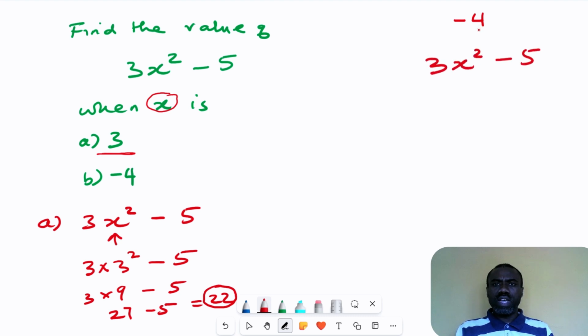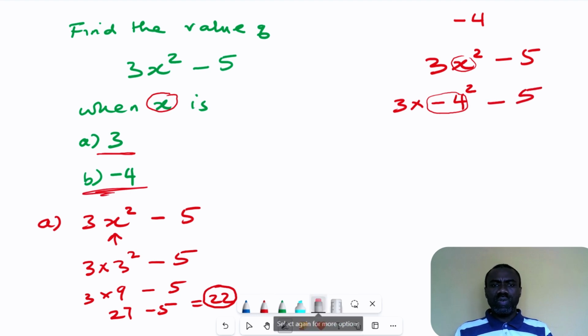So one student will just come and do this. 3 times minus 4 squared. We have substituted the s with minus 4 as the question demands, and we are going on to solve this. Now, look at what can happen here.